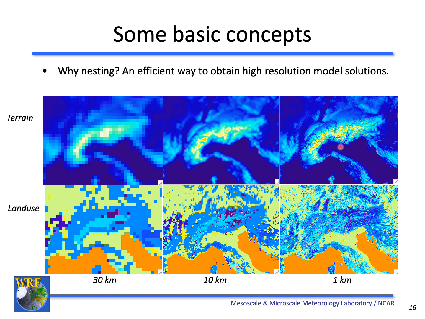Now you can see the valleys in the Alps, and the coastlines are sharper. At higher model resolution, the atmospheric flow features can also be resolved better by the dynamics of the model.